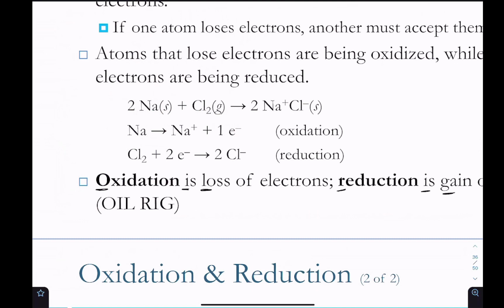Sometimes when you're first starting to read these, you could look at this side and say, oh, the sodium has the electron. But no, this is it giving up that electron. And similarly with the chlorine, we've got 2 chlorine atoms, 2 electrons. Before, they don't have those electrons. After, they've been incorporated into the element and it becomes an ion, chloride.